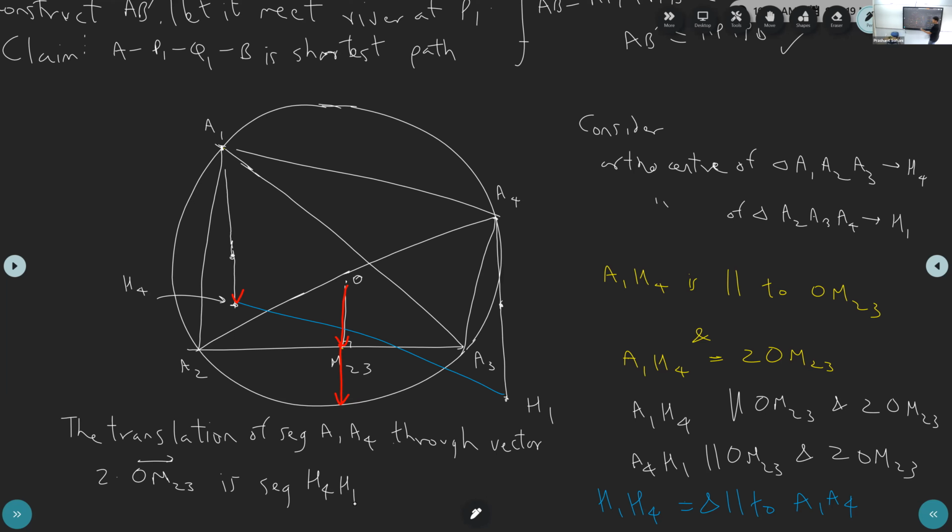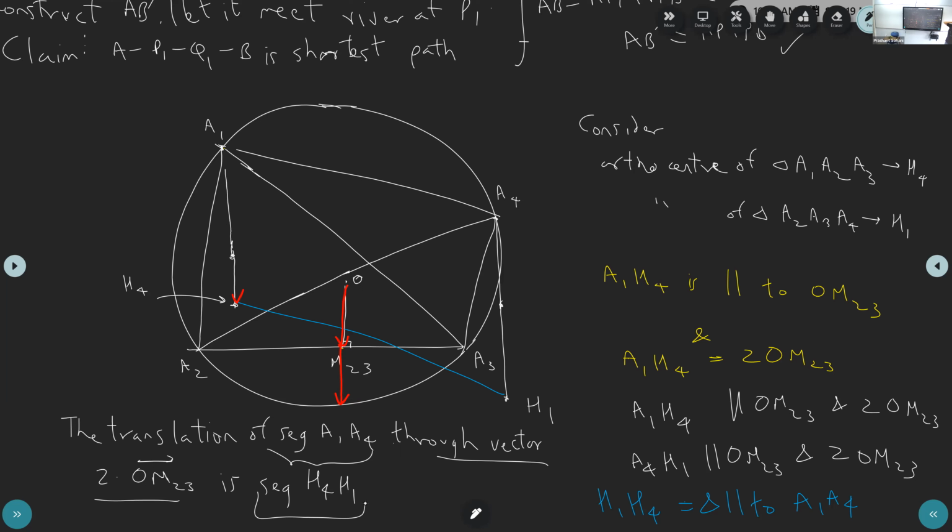To understand the concept, the starting object is A1 A4, the operation being done is the translation, and the final object is the new segment. And is there anything special about H1 H4? I could do the same thing to every pair of 2 points, right?